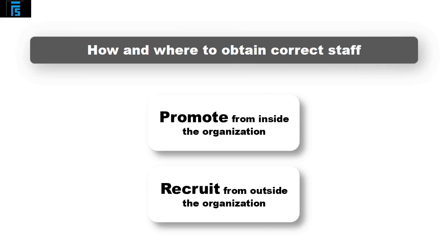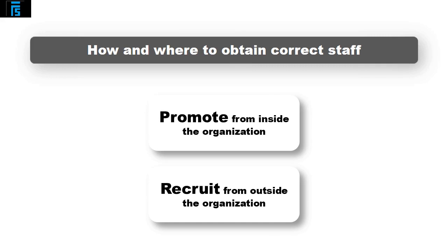We'll talk about things like job advertisements and things like that apply to if you're recruiting from inside the organisation as well. So just be careful of that in the exam if you're going to recruit from inside the organisation. In other words, if you're going to try and promote somebody who already works for the organisation, a lot of the issues are exactly the same.